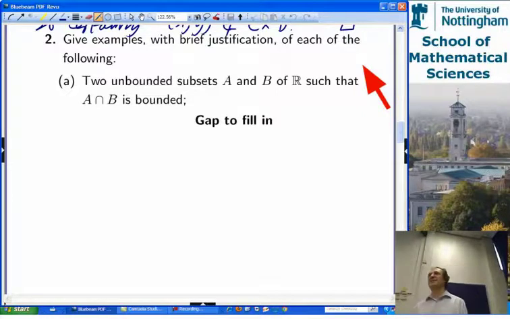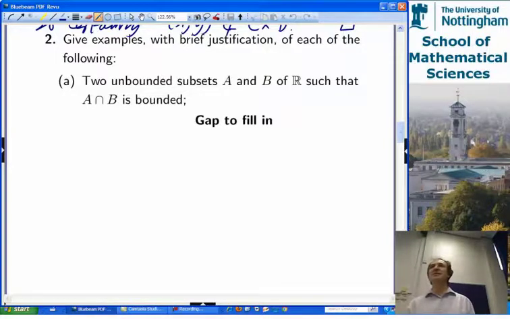Of course, sketches can reinforce that if you want them to. So I won't be doing sketches, but sketches can give extra reinforcement to your argument. So who wants to give me two unbounded sets in the real line and what their intersection is? Or I can work out the intersection.